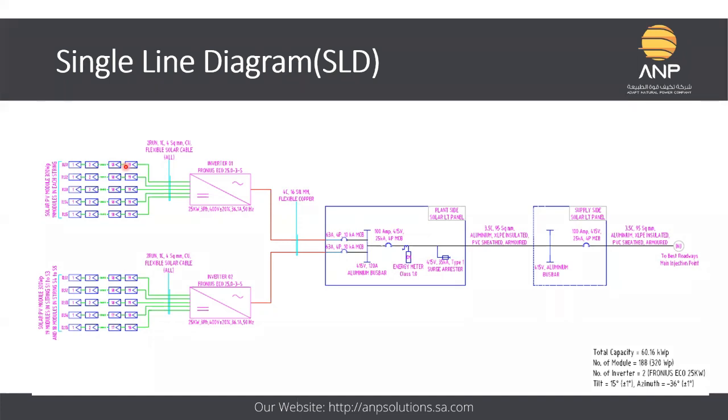The DC power is generated by the solar PV modules, then converted into AC by the inverter, combined in the LT panel, and then fed into the client's existing LT panel or electrical system.